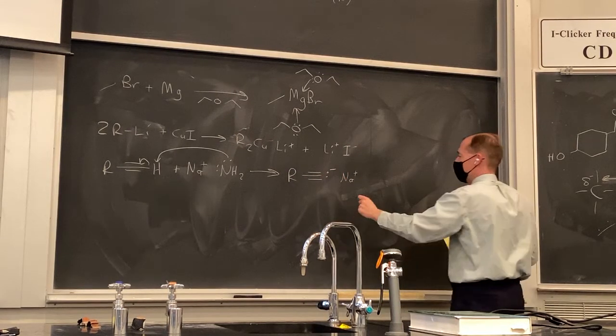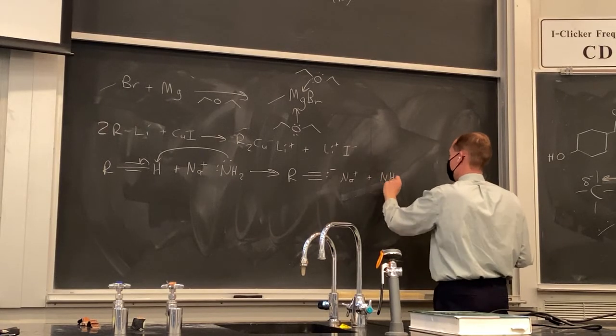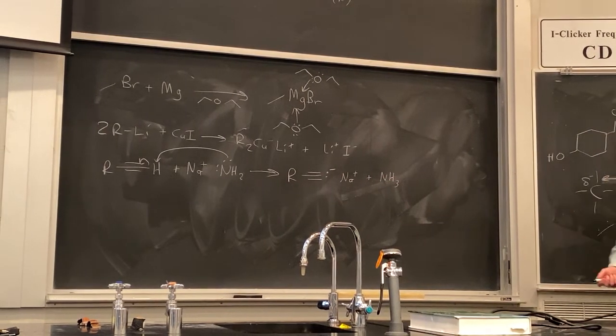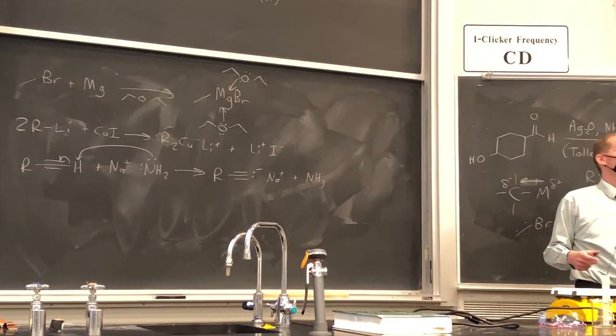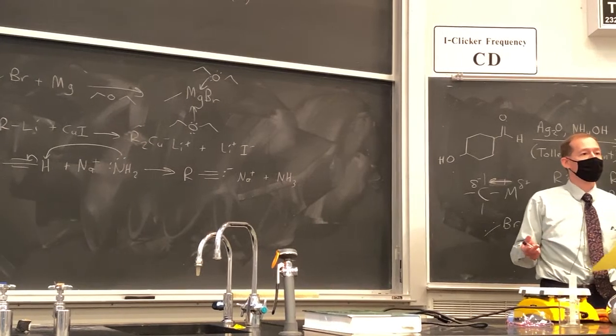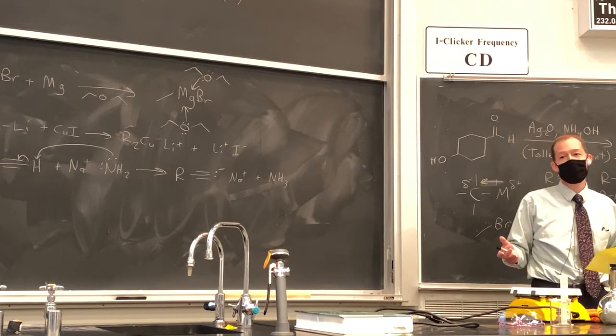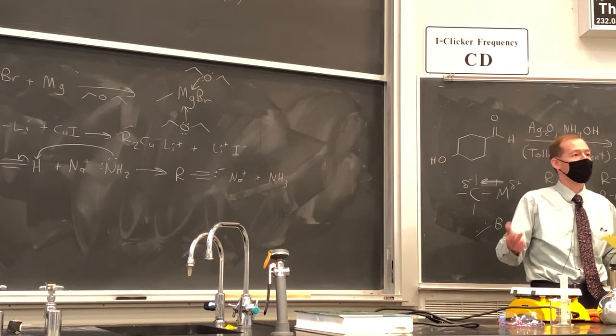Okay. And then we had ammonia as a byproduct. So sodium acetylides, we didn't draw with a covalent bond, we drew them as a salt. That's because sodium is less electronegative than lithium. And so the sodium carbon bond is in the range where it would be considered ionic.